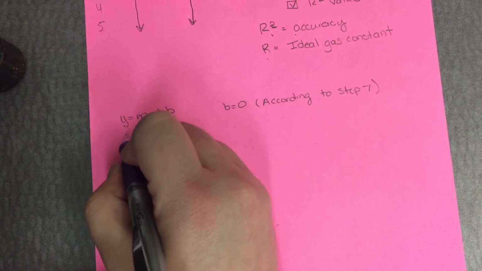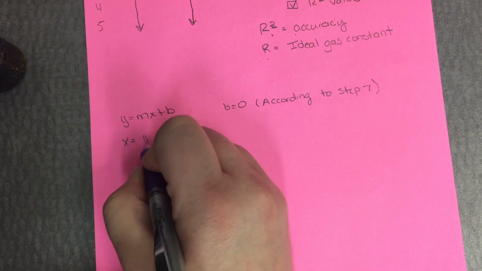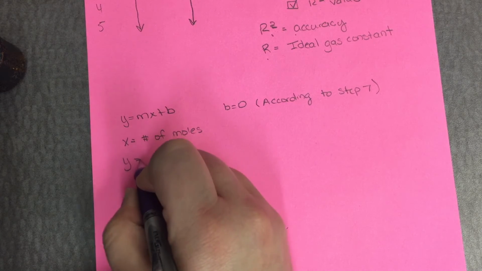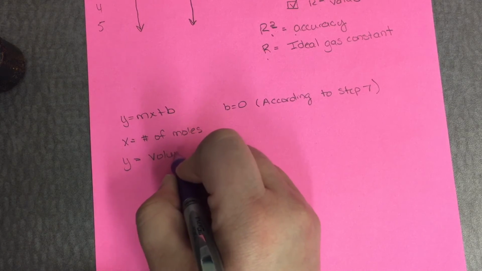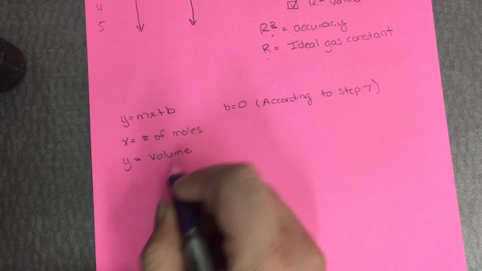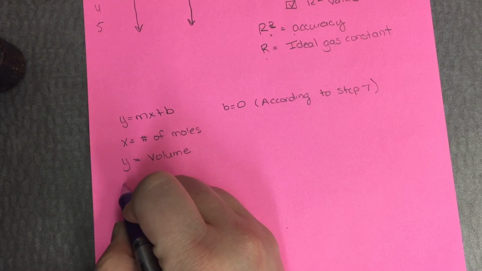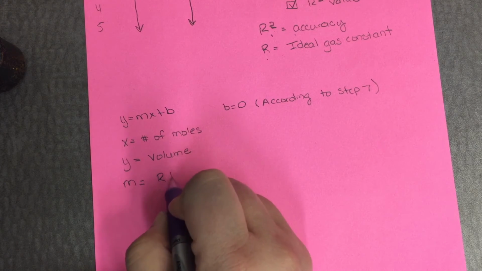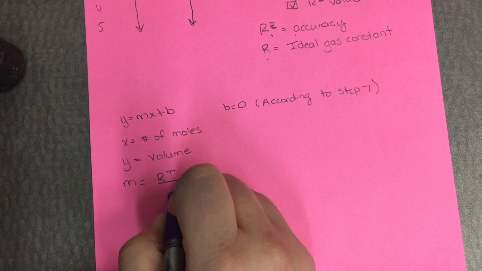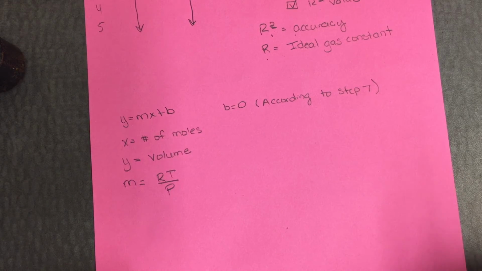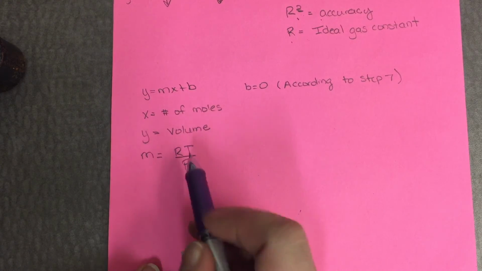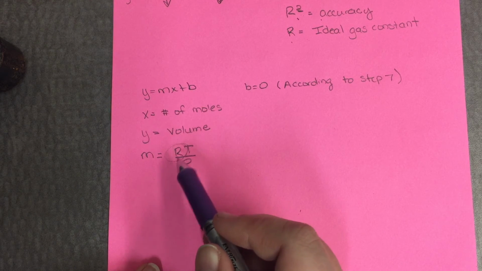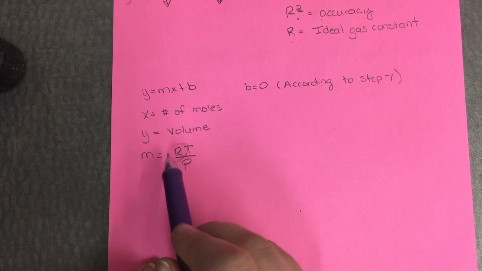X equals the number of moles and Y equals the volume. And M, of course, is your slope, and M equals R, the gas constant R, times your temperature over your pressure. Okay, so you want to find R. That's what you're looking for. So whatever you have for your slope, we're going to use that to find R.